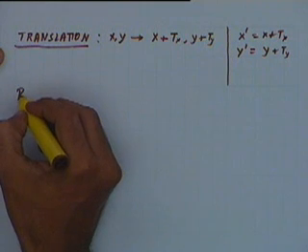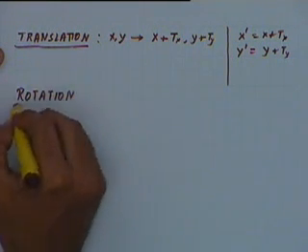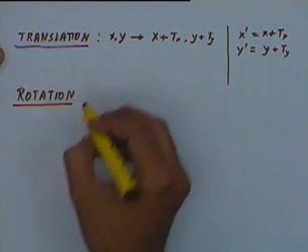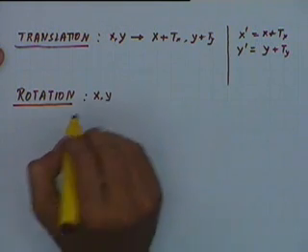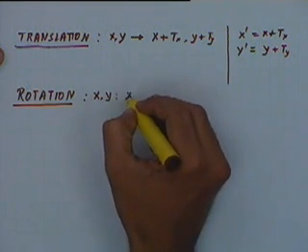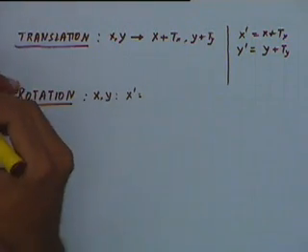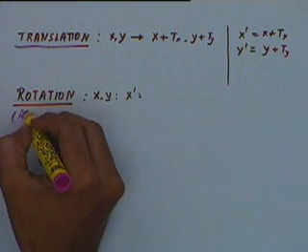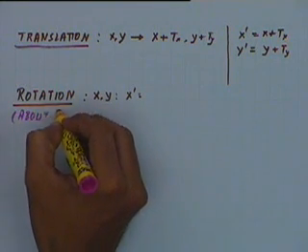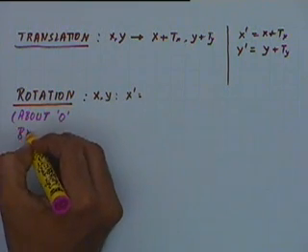Then we talk of rotation. We have a point xy and we want to rotate about origin O by an angle theta.